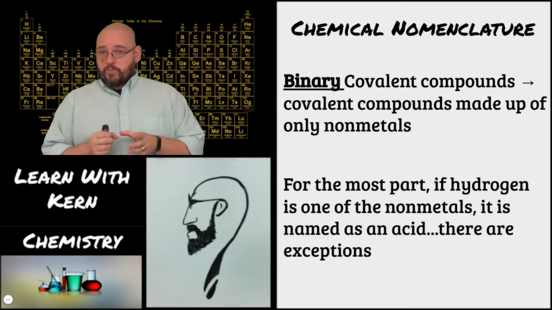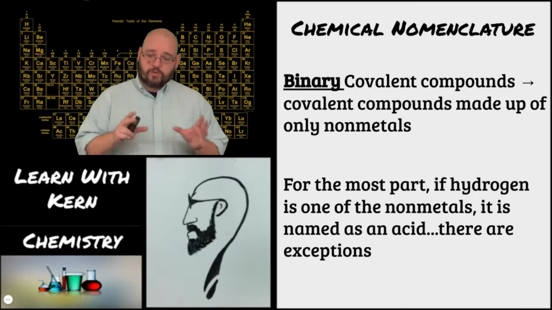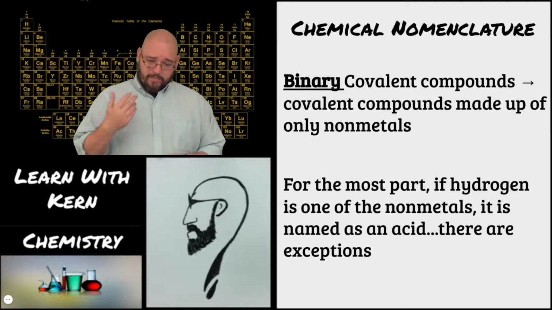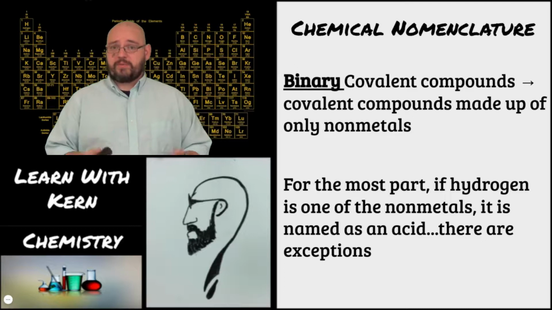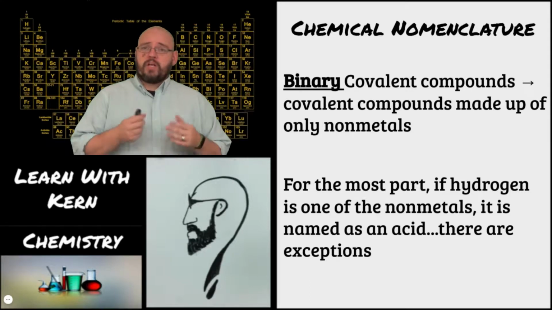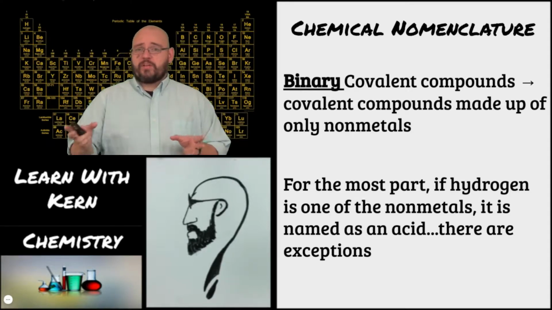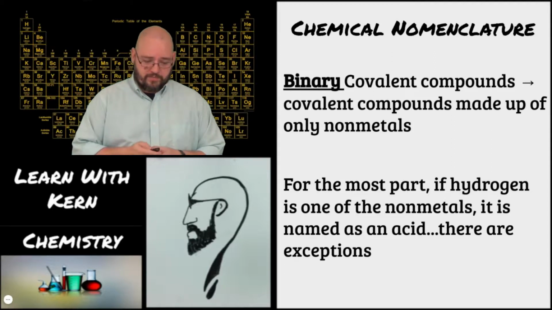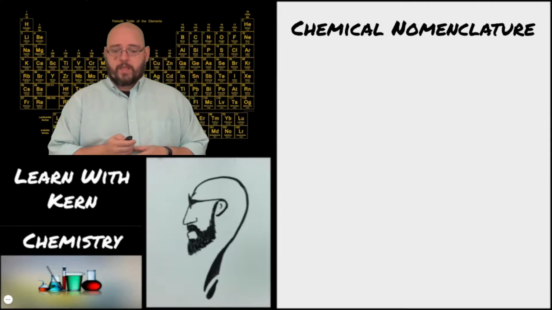Now, for the most part, if hydrogen is one of your nonmetals, it's going to be named as an acid. There are exceptions that may come up from time to time, because with pretty much every rule there are exceptions. But for the most part, when you see hydrogen combined with another nonmetal, it's going to be named as an acid, especially if hydrogen is the first one listed.